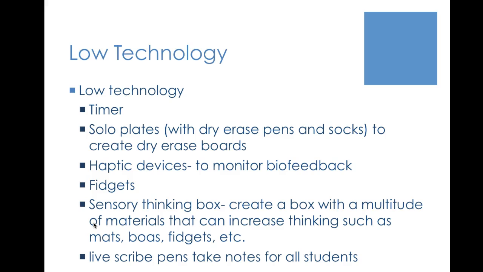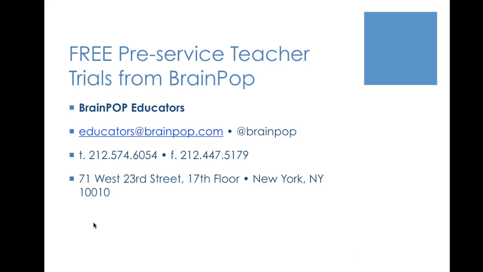Fidgets you're seeing a lot, and there's a lot of controversy around them. I like this one, the sensory thinking box. You create a box with different materials in there that can help increase thinking, such as mats or boas or fidgets. I've seen different weighted blankets and things like that to help students so that they can actually access the learning. And then Livescribe pens take notes for all students.